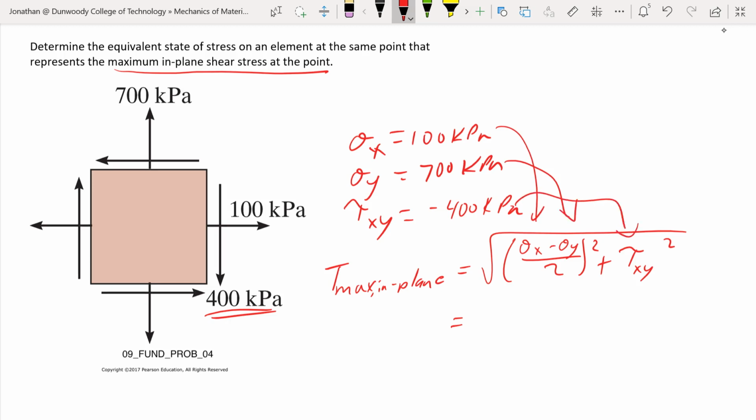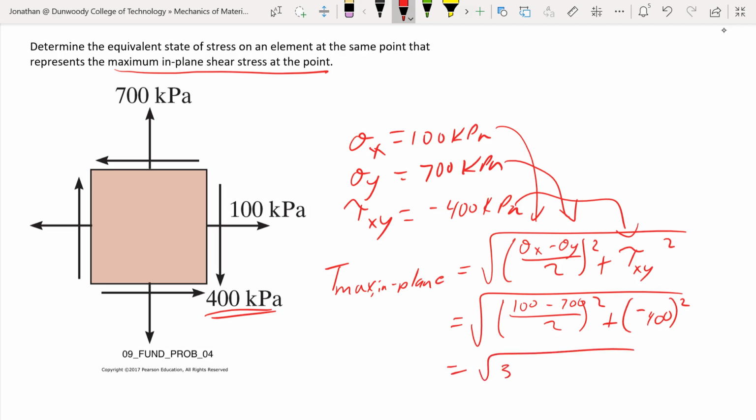We have the square root of ((100 minus 700) over 2) squared plus negative 400 squared. Plugging those in, we get negative 300 squared plus negative 400 squared.